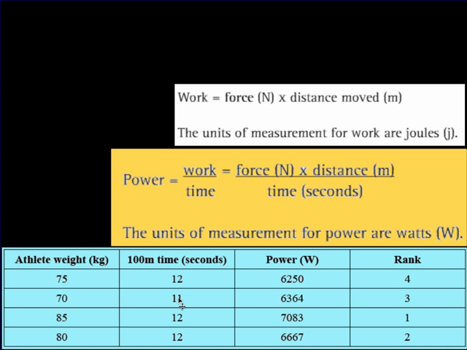So as soon as we apply the concept of time, a smaller athlete who can run quicker can generate more power. They can often be far more powerful than a bigger athlete who runs at a far slower time. But in this particular example, the 85 kilogram athlete who runs it in approximately 12 seconds has a power output of 7,083 watts.